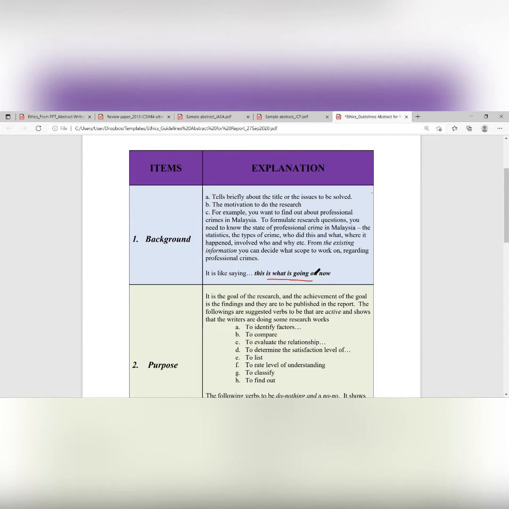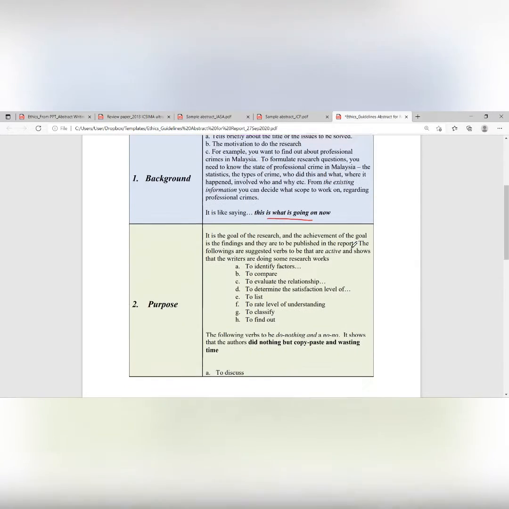So we want to know whether the crime for certain part of the society, maybe white collar workers or blue collar workers, maybe crime in the administration, or maybe we want to compare crime in the rural area and in the city and so on. So these are the background that we need to tell when we write in the abstract.